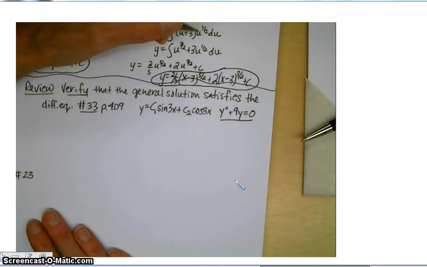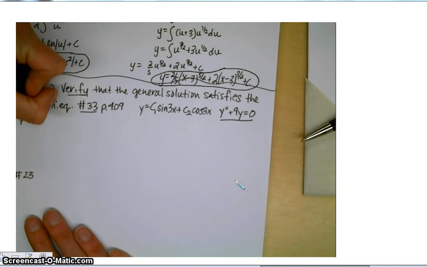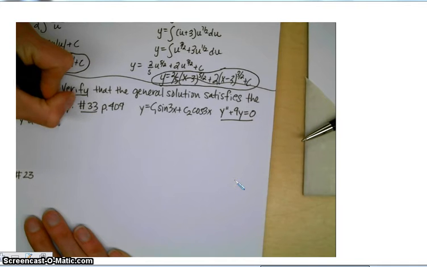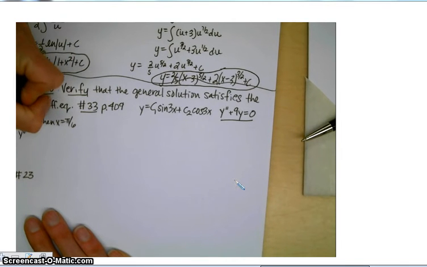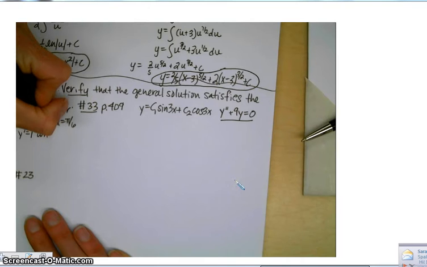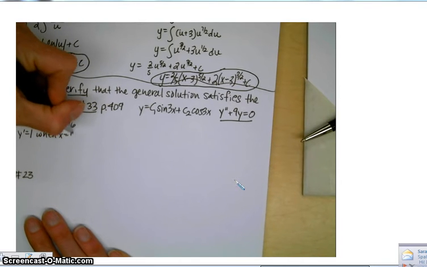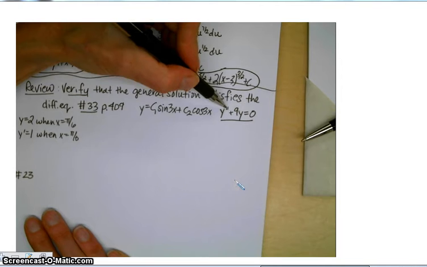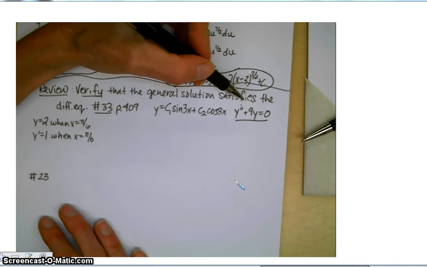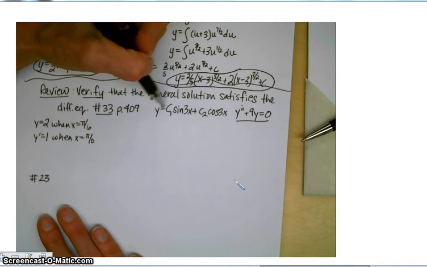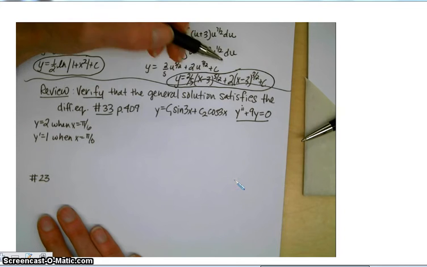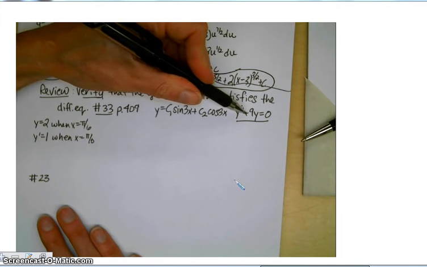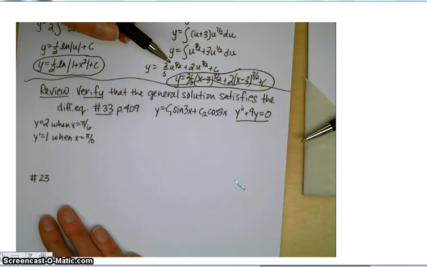We also know that y equals 2 when x equals pi over 6, and that y prime is 1 when x equals pi over 6. So we'll worry about those as we go. So the first thing, I notice my differential equation has a second derivative in it. So I know I'm going to have to work backwards 2 derivatives, and that's the one I need to make look like this and then test my initial conditions.